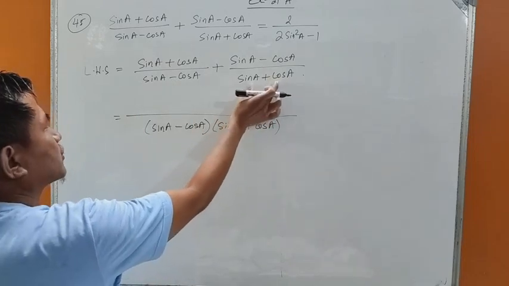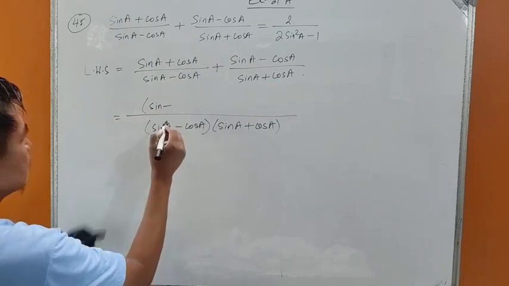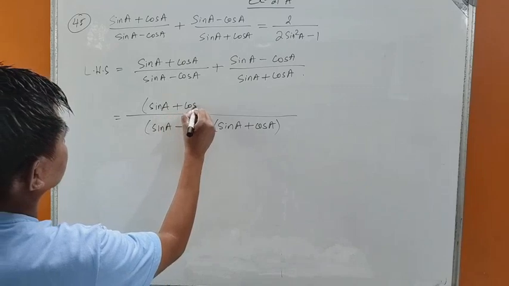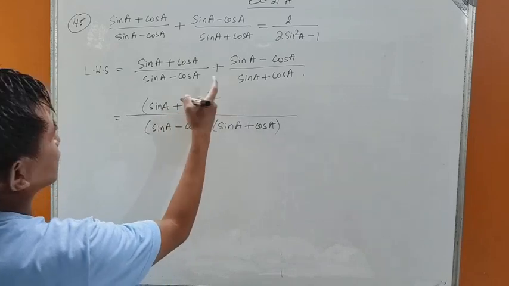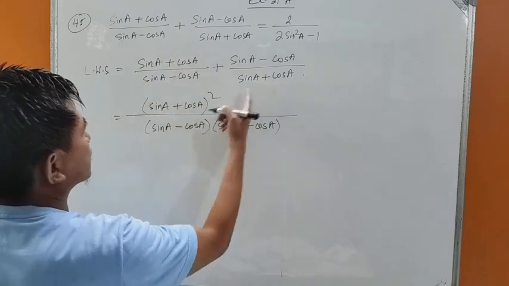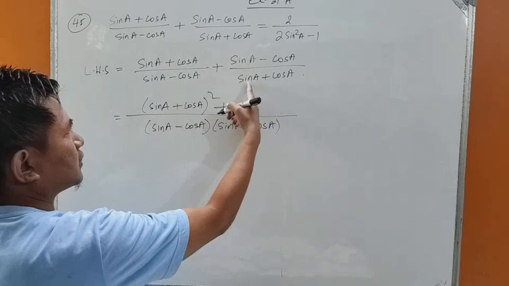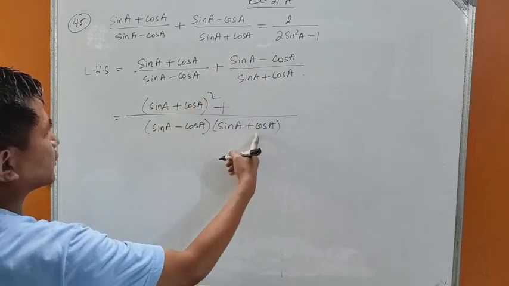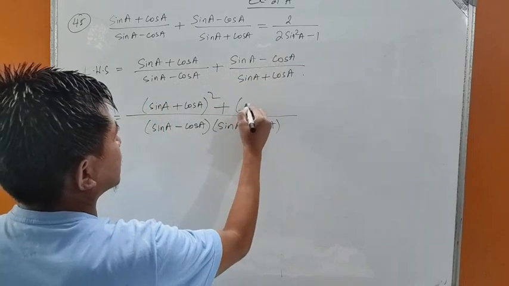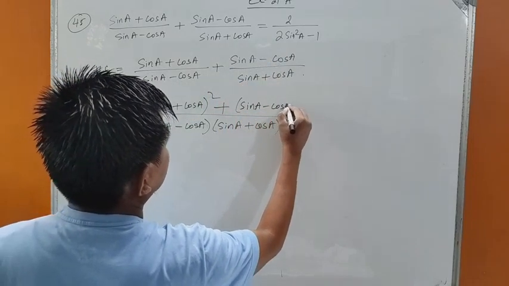Sin A plus cos A multiplies with sin A plus cos A, giving sin A plus cos A whole square. Plus this multiplies again, because this into this gives this whole thing. So sin A minus cos A into sin A minus cos A is sin A minus cos A whole square.